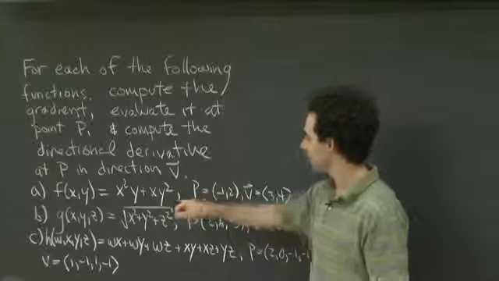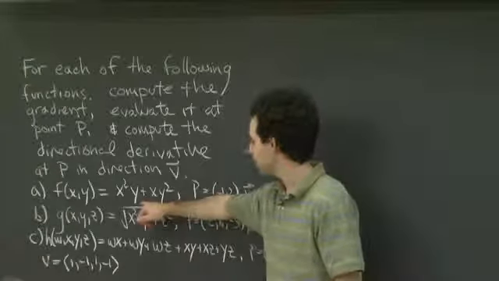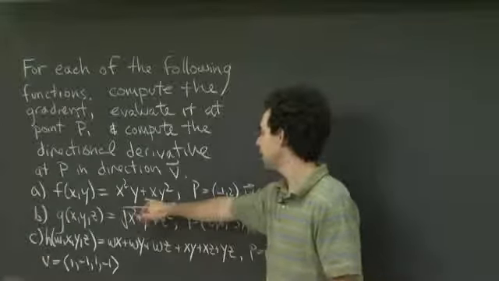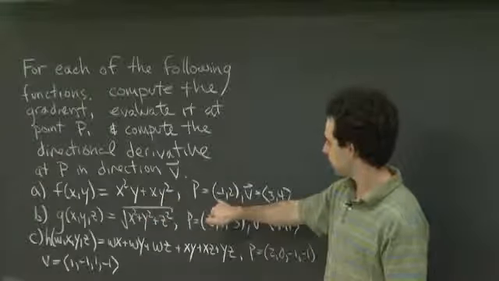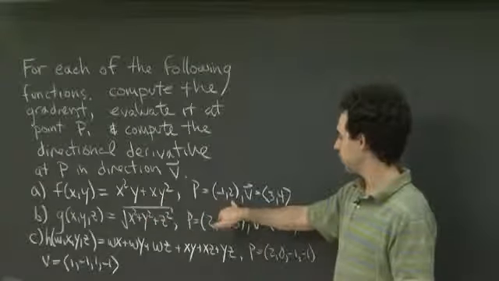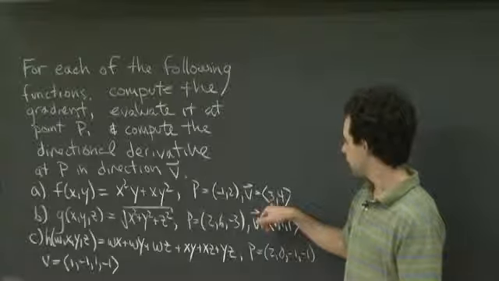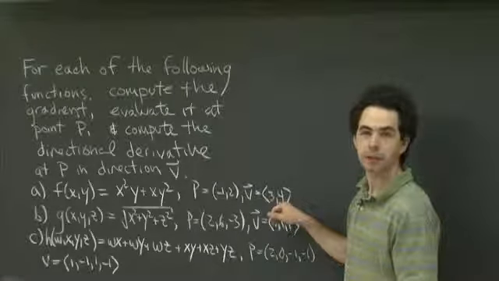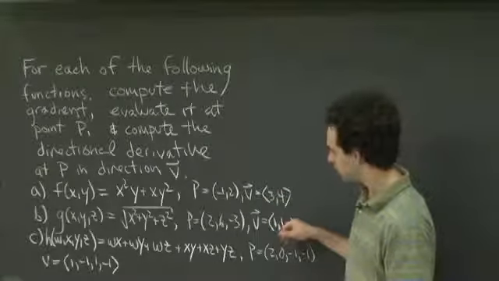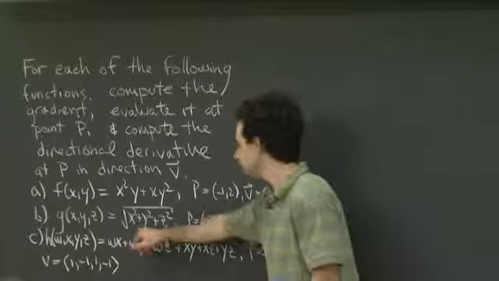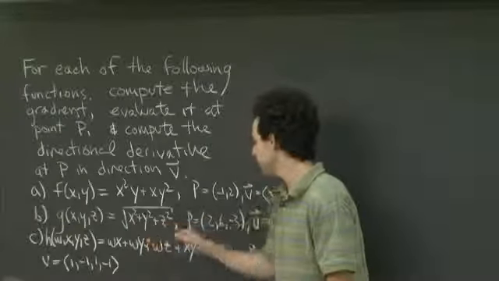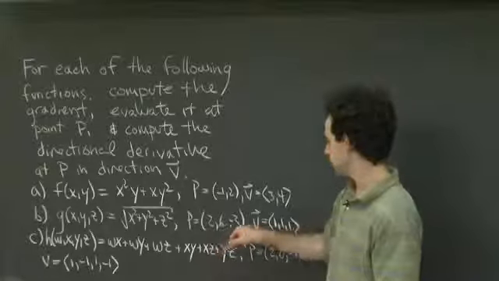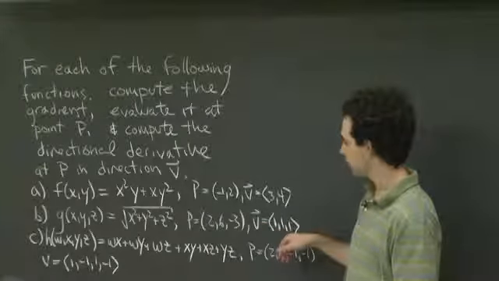So here, for example, in part A, I've given you the function f of x, y equal to x squared y plus x y squared at the point x equals minus 1, y equals 2, in the direction of the vector 3, 4. And then we've got two more examples here. g of x, y, z is equal to the square root of x squared plus y squared plus z squared. P is the point 2, 6, minus 3, and v is the direction 1, 1, 1.